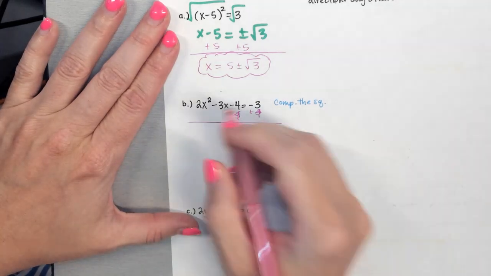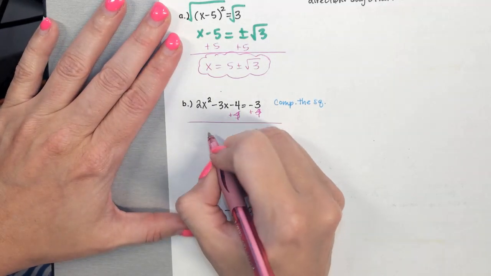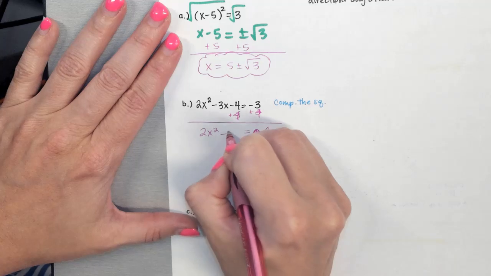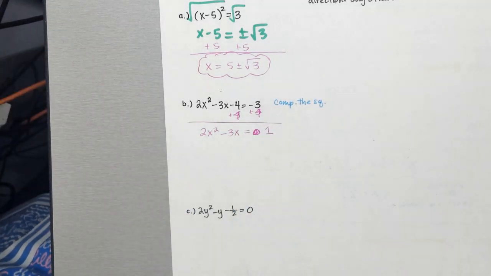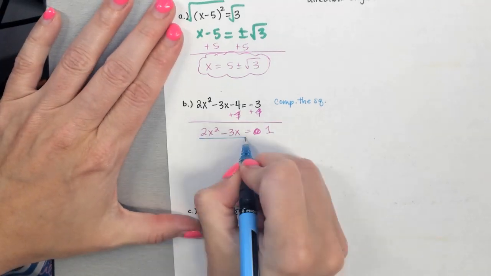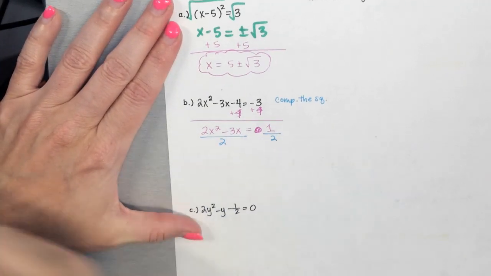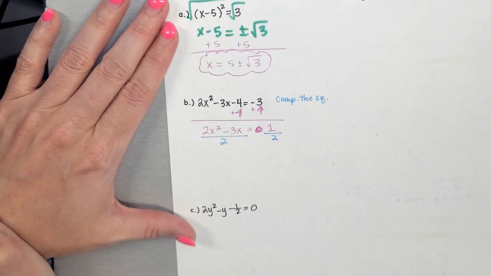Okay, so if we add that over, and we have 2x squared minus 3x. If you don't have a 1 there, you can still use completing the square by dividing everything by 2.